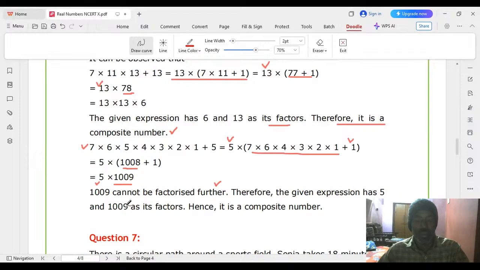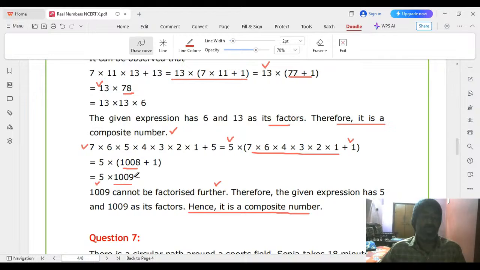Hence it is a composite number. Therefore, the given expression has 5 and 1009 as factors. So the given number is divisible by 1 as well as 5 and 1009. This is not a prime number; this is a composite number.